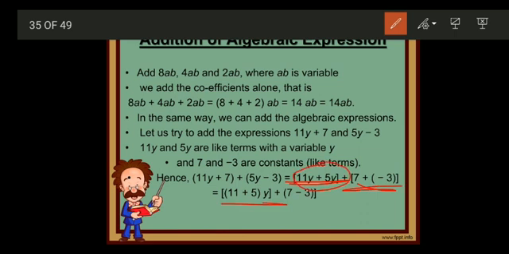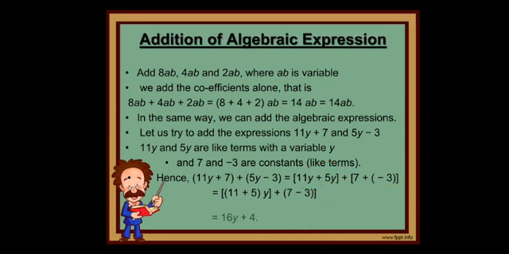When we have like terms, we first add the numerical coefficients and write the variable as it is. When you add 7 plus minus 3, that will be 7 minus 3. So this will be equal to 16y plus 4.